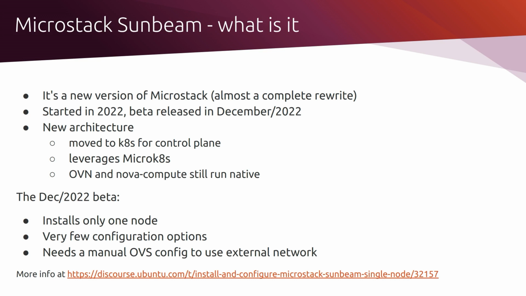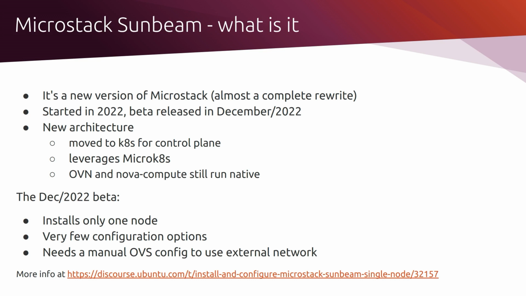The beta release that we are going to test now has some limitations. It is only installing one node so far. This is going to improve in newer versions, but so far it's only installing everything inside that same node that you are running the tool. It still has only a few configuration options about IPs you want to use and some other questions, but in the future the idea is to have many more questions or options for changing more stuff.